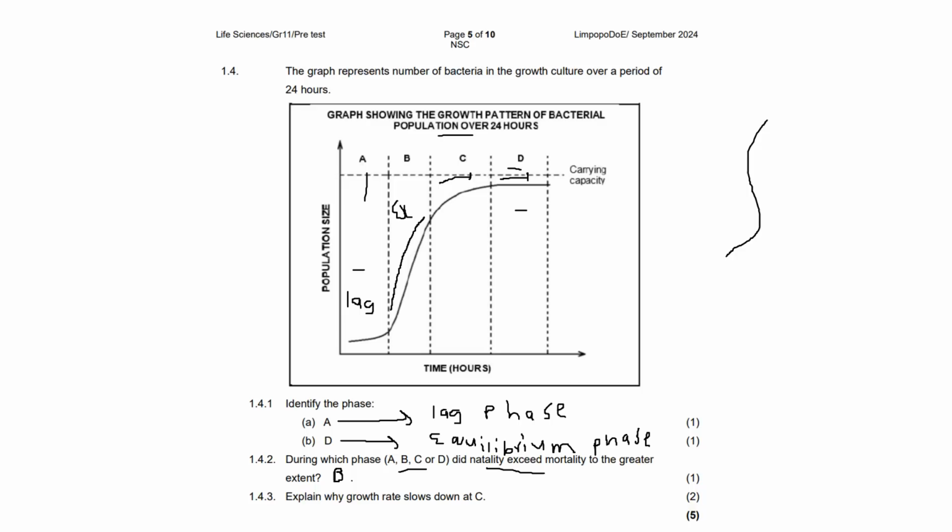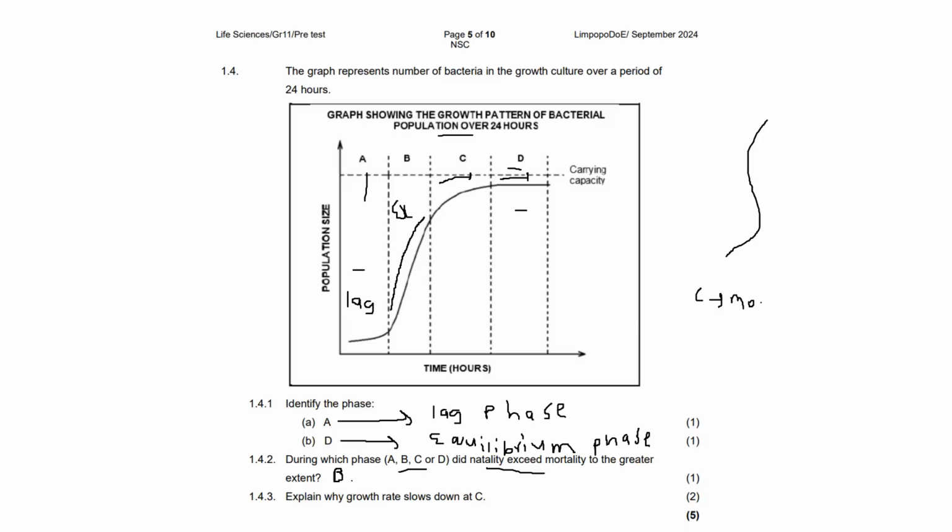Explain why growth slows at C. The reason growth is slowing down at C is that the mortality rate starts gaining momentum.